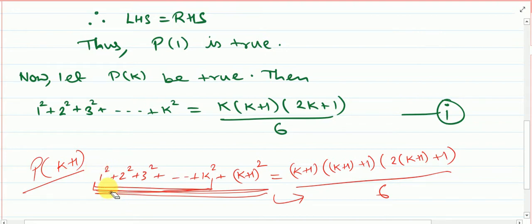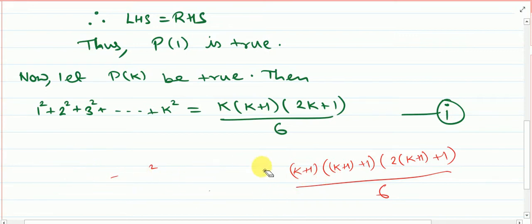Whenever you are trying to show that Pk plus 1 is true, you should remember that wherever there is k on the right, that k will be replaced by k plus 1, and that is what we are looking for on the right hand side. So let us see.